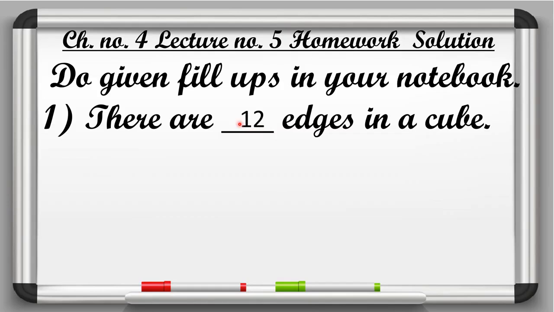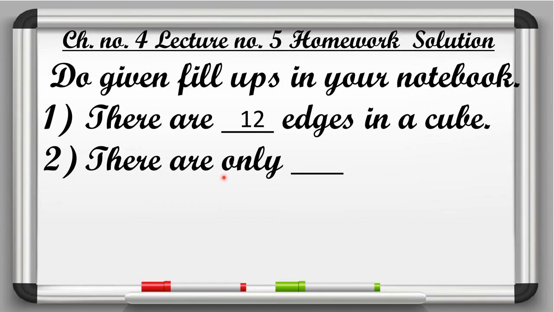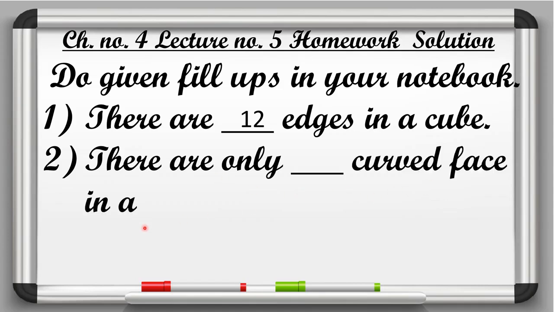So here we will write 12. Now the next is there is only dash curved face in a sphere. Beta, in sphere shape how many curved faces are there? That is only one. So here we will write 1.